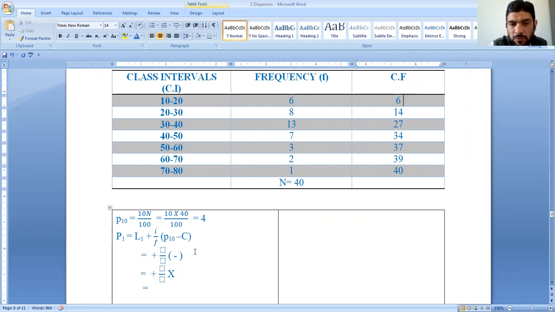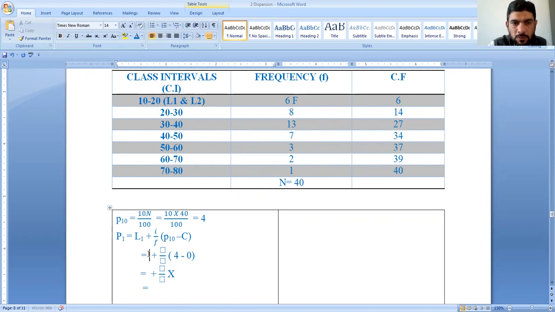So the preceding C will be 0, and P10 we have found as 4. The corresponding frequency will be F, and the corresponding class interval will be considered as L1 and L2.